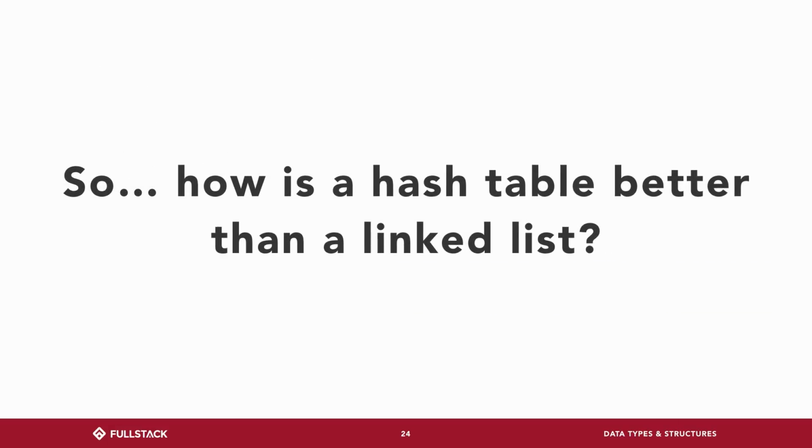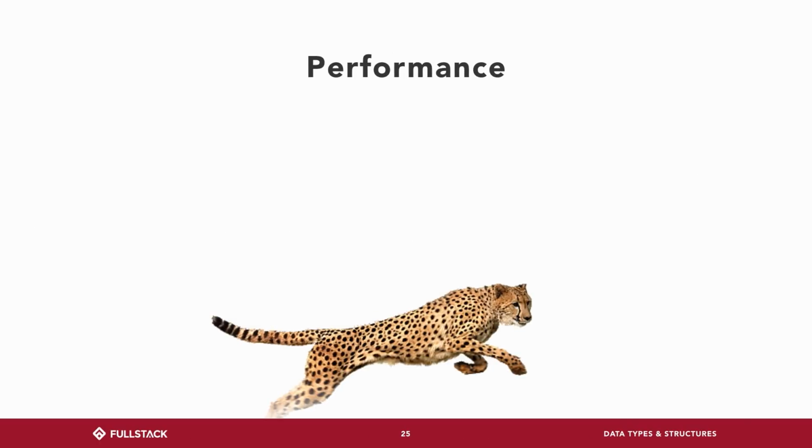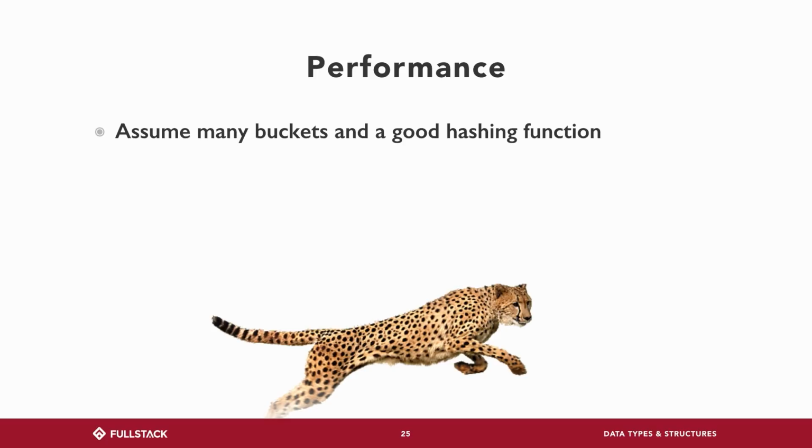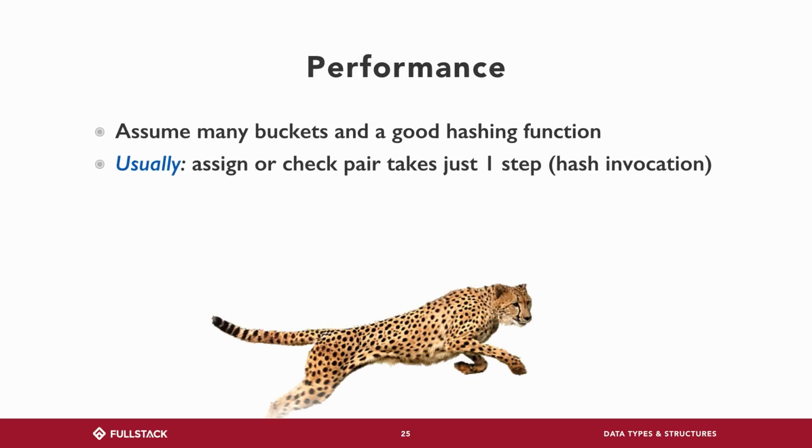So if we end up storing our data in the hash table within a linked list, then how exactly is a hash table better than a linked list? The answer is that ultimately a hash table is going to be much more performant. Our example used a small number of buckets and had a very basic hash function, but hash tables in real life typically have many buckets and use a good hash function that will be unlikely to produce collisions.